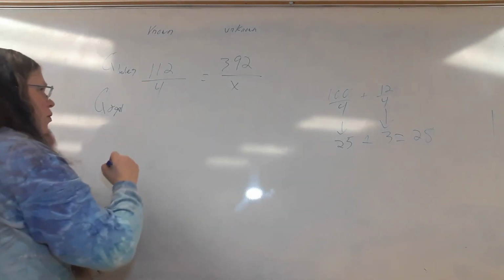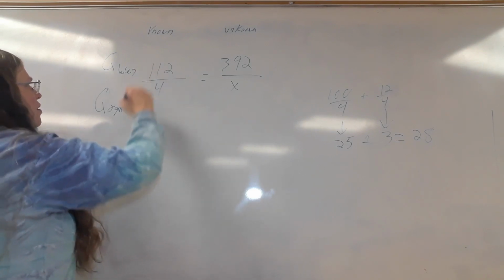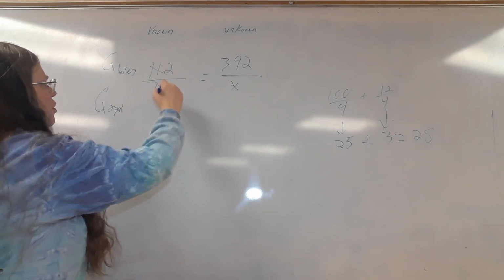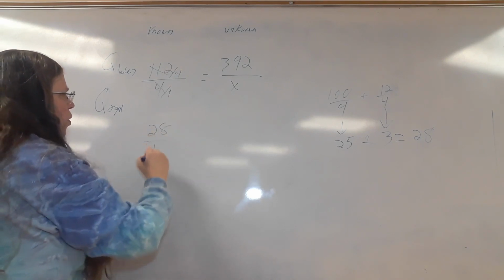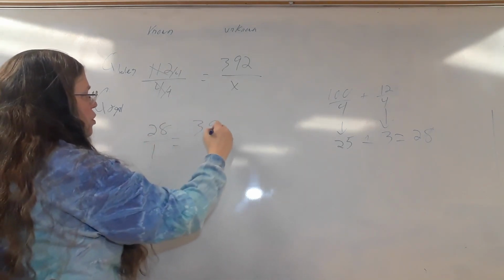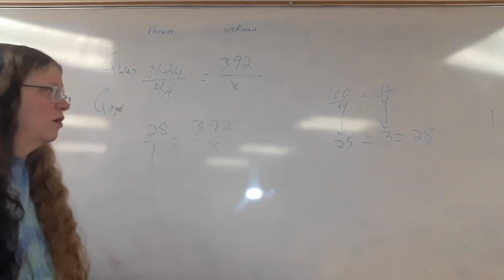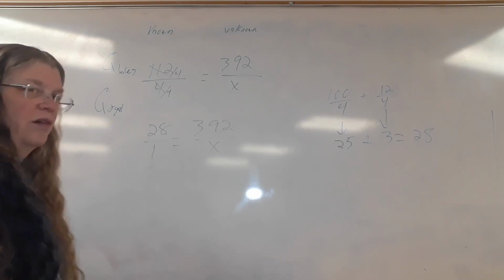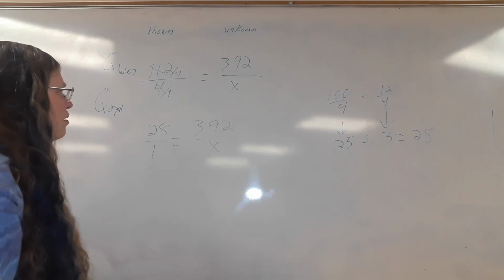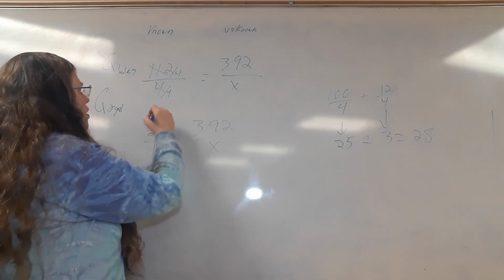So let's take 4 out of each. So I have 28 over 1 equals 392 over x. We can now divide 392 by 28, but that's too hard. So let's simplify.